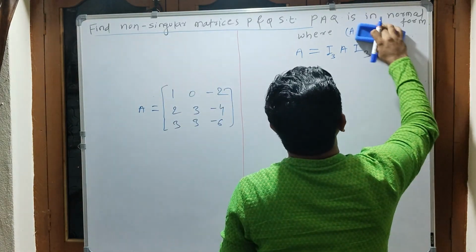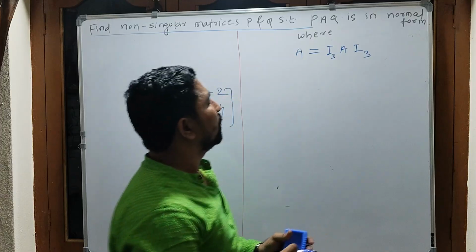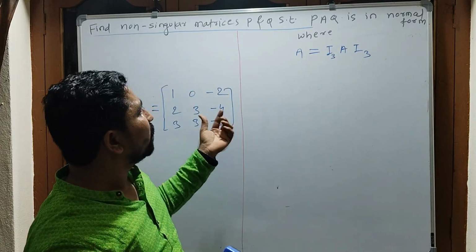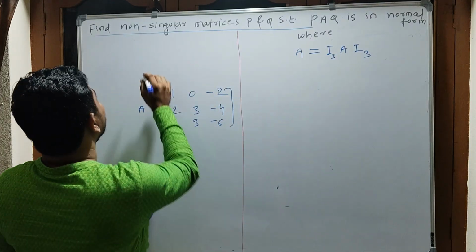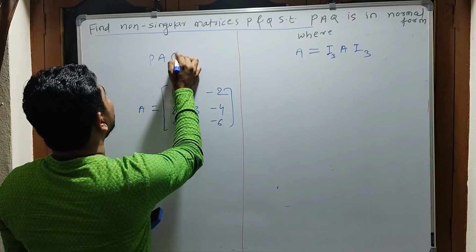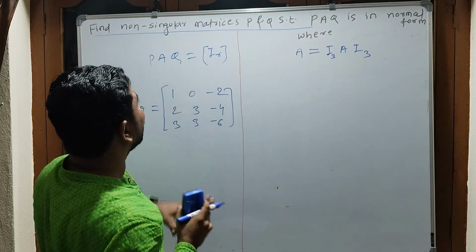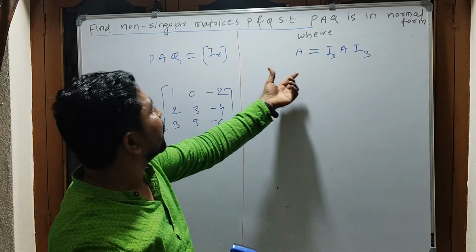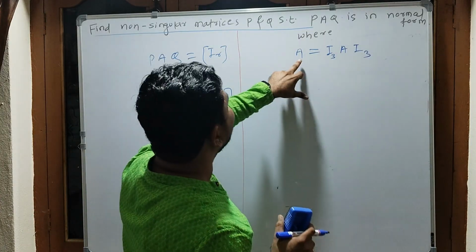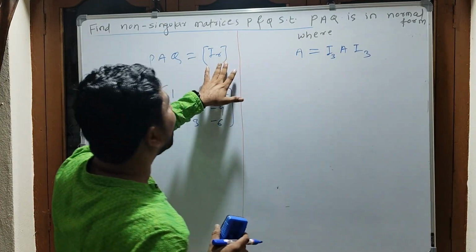Now the process is, we have to find the non-singular matrices P and Q such that PAQ is in the normal form. So try to convert this matrix into the normal form.